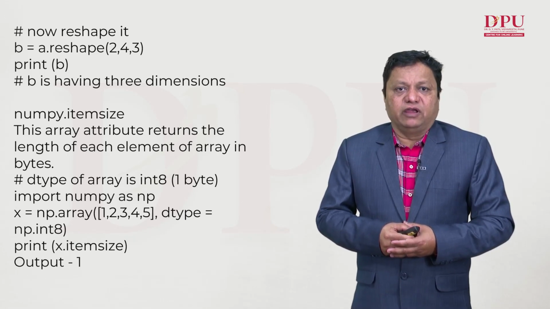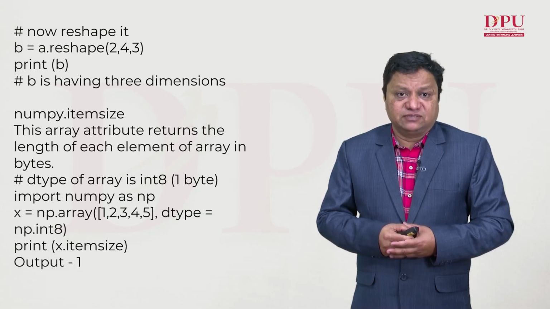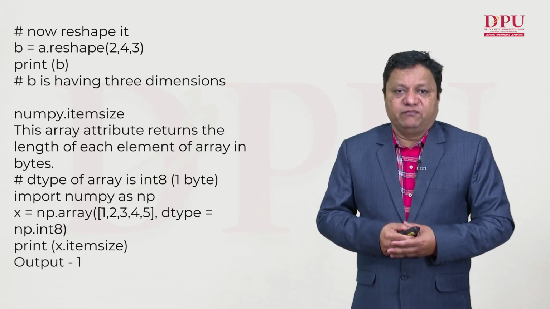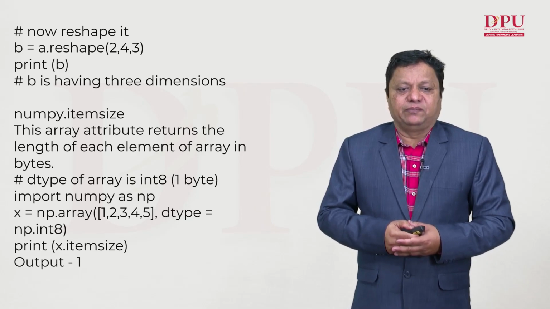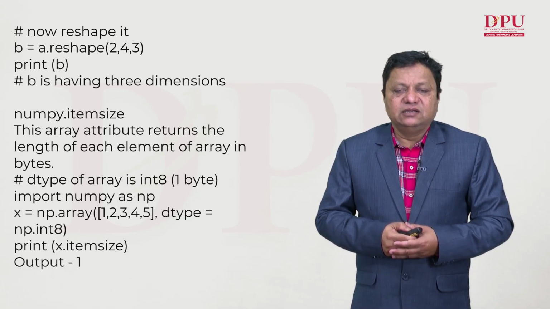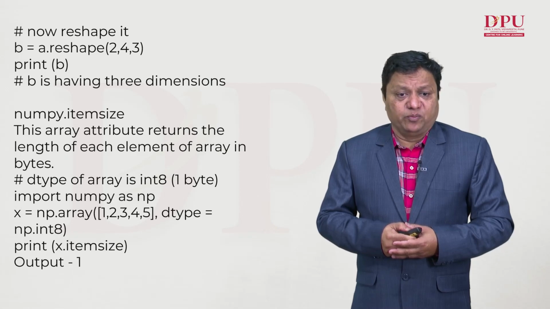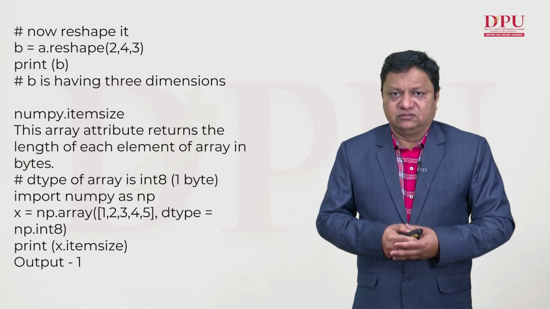Now if I print x.itemsize, the output will be 1. Means every number occupies a size of 1 byte, since the data type I have specified is int8. So that's why you can see the output as 1.